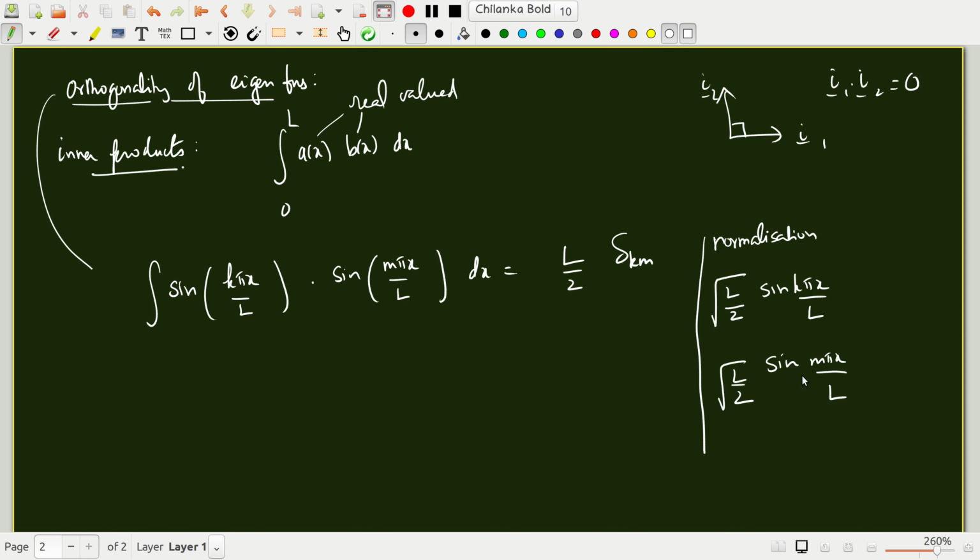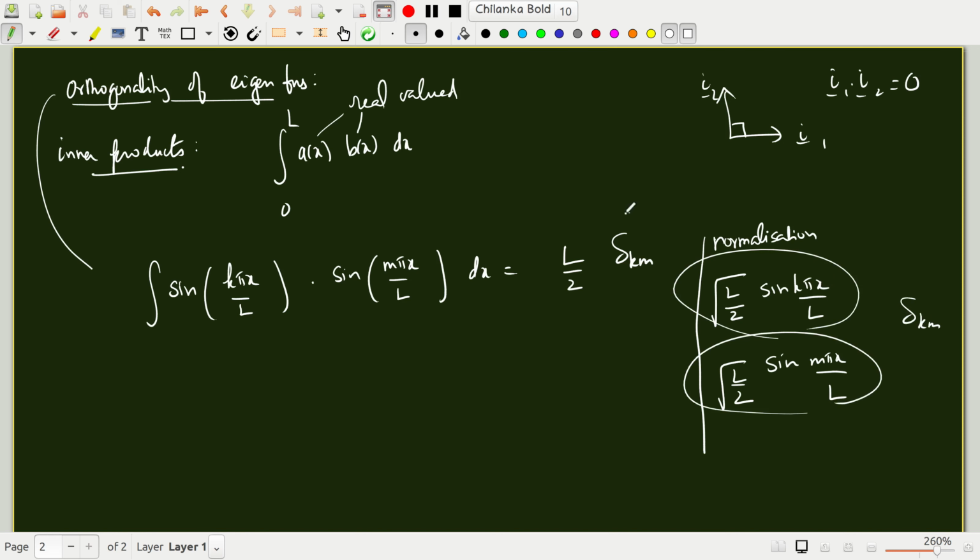If I define it like this, then this root L over 2, root L over 2 will cancel on the right side to give this combination. If I take the inner product, I will simply get delta km. So that's just a matter of detail, which is the normalization of the eigenfunction as per one's convenience.